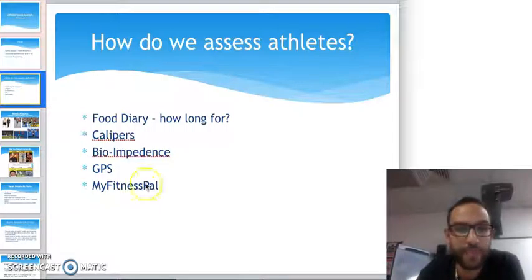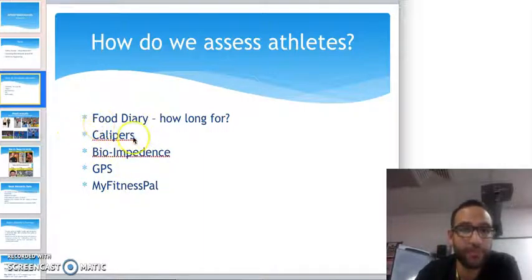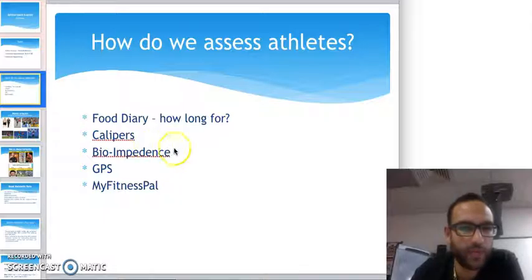The benefit of MyFitnessPal is it will give you the calories, the protein, carbohydrate and fat that they're consuming. This will no doubt tell you whether they're on target, whether they're meeting what you think they should be meeting. I probably wouldn't recommend calipers because that's going to be quite invasive and you're not at that skill level yet to really handle calipers, I wouldn't have thought.